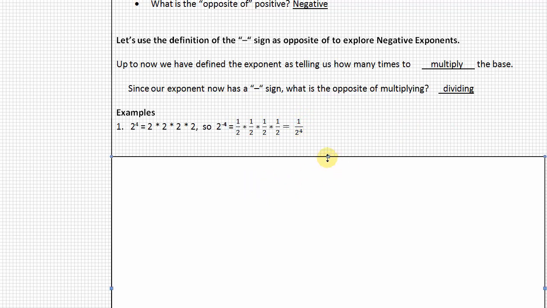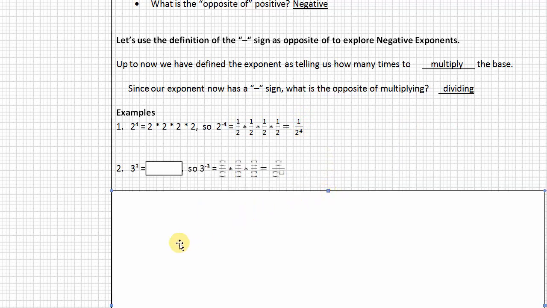Let's try some for you. So here's the next one. We have 3 to the third power. What would that tell us? Since our exponent is positive, we would repeatedly multiply our base number, and so it would look like this, 3 times 3 times 3. So what is it going to look like to take 3 to the negative third power? Well, we want to divide by our base. So whenever we're not sure what our numerator should be and we want to divide, we just put a 1.